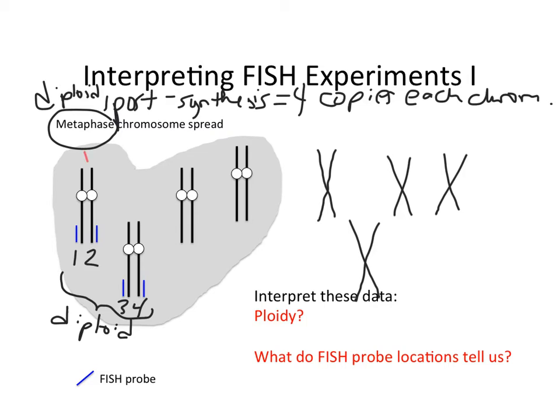This could be chromosome 1 and that could be chromosome 1. And this could be chromosome 2 and that could be chromosome 2, right? Because all the chromosomes look the same. They're the same size, they're the same shape. Without the information that the fluorescence in situ hybridization experiment gives us, we don't know which of these objects are identical, paired up together.